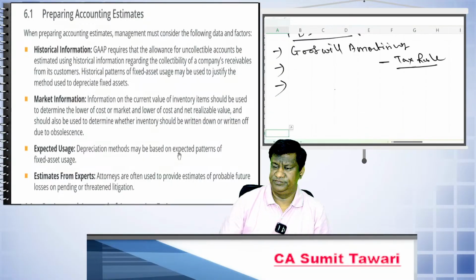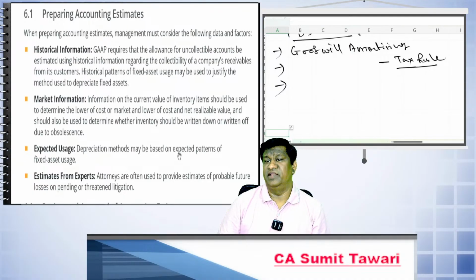Any other? So goods lost in transit. No. If any situation happens, then and only then you reduce the value. Any other? Warranty claim.